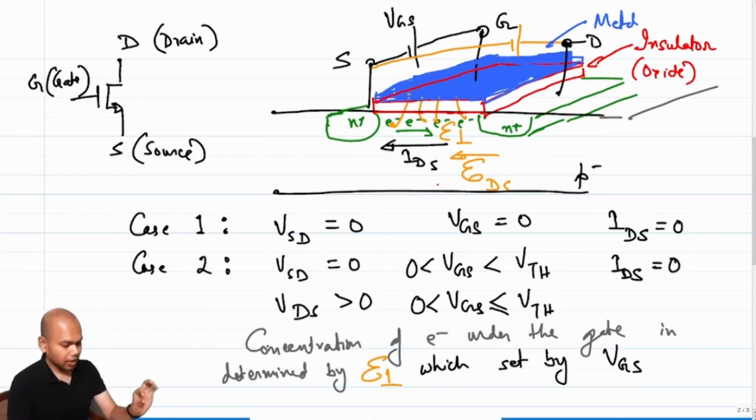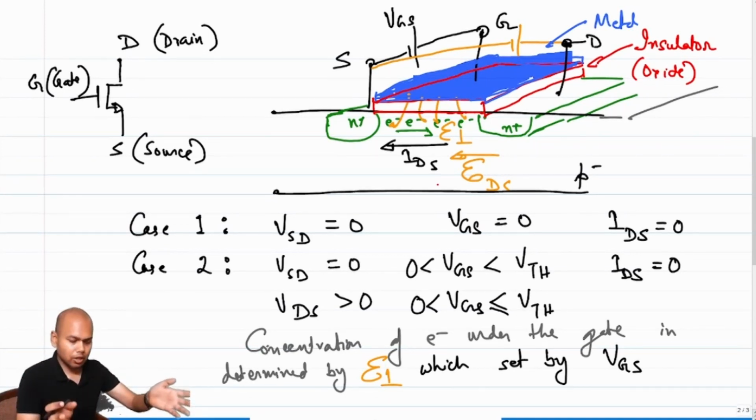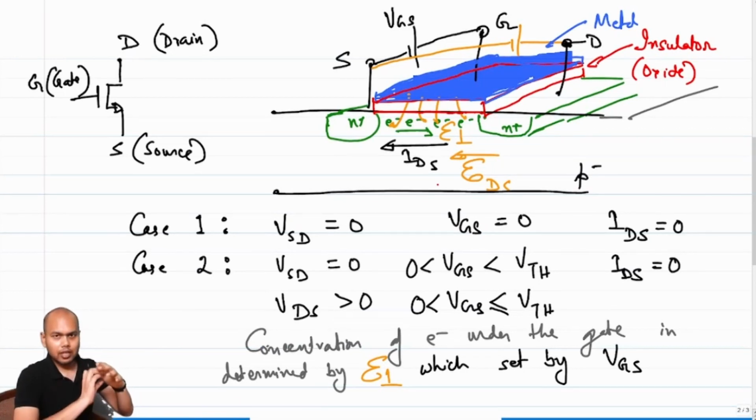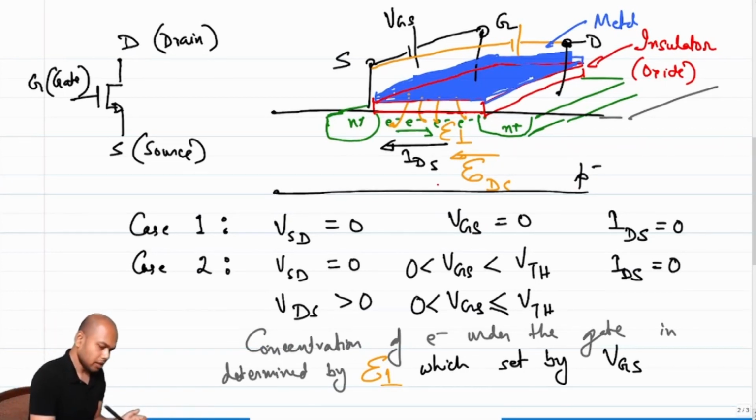So in other words, you can readily appreciate that there are three layers. One is a metal on top, or a metal like substance on top, and there is an insulator or an oxide in between, right?